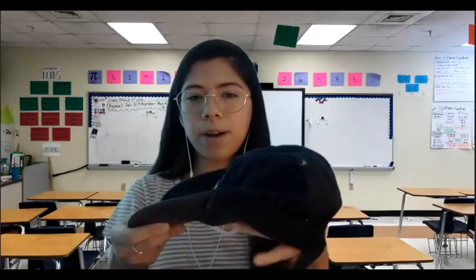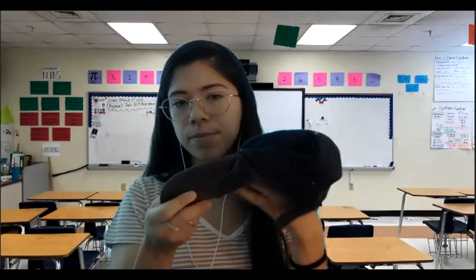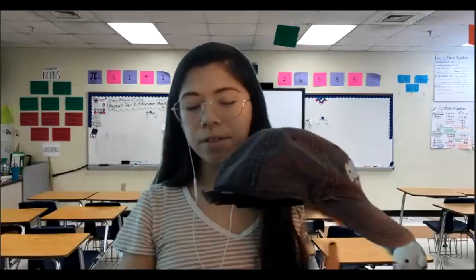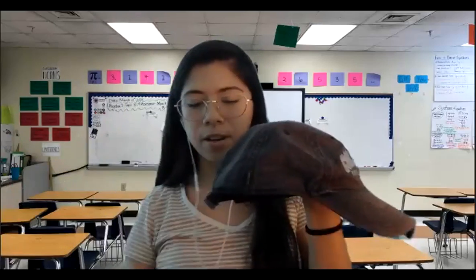All of the fabric that I used to make this hat, just because I have it inside out, is that a different amount of fabric or the same amount of fabric when it's inside out? It's the same amount of fabric. So if that confuses you, hopefully it makes a little more sense when you actually visualize it. In the problem that we were just doing, just because that was concave, inside of the cone, it's the same amount of surface area as if it were the other way around.